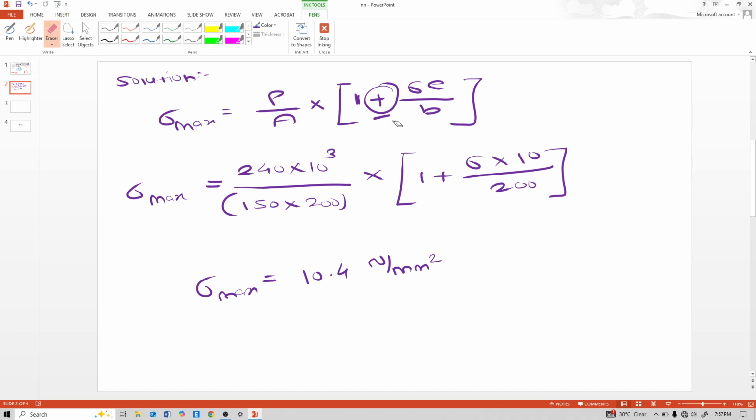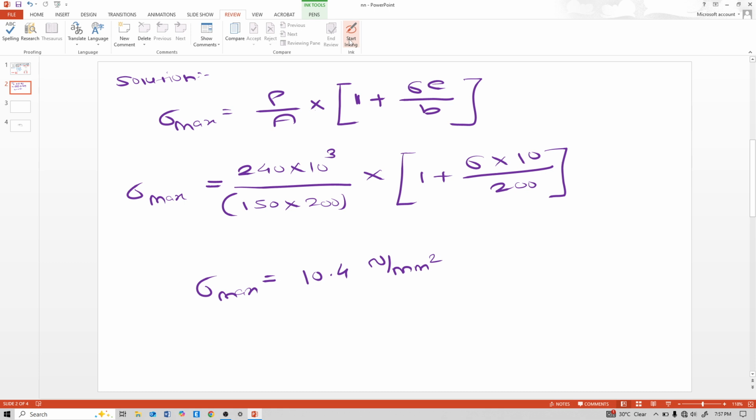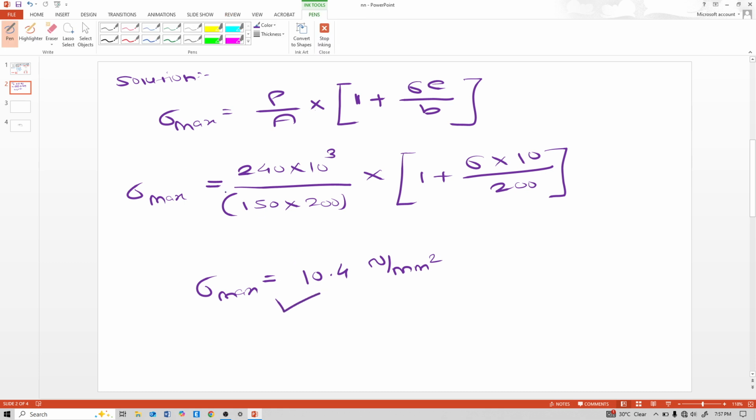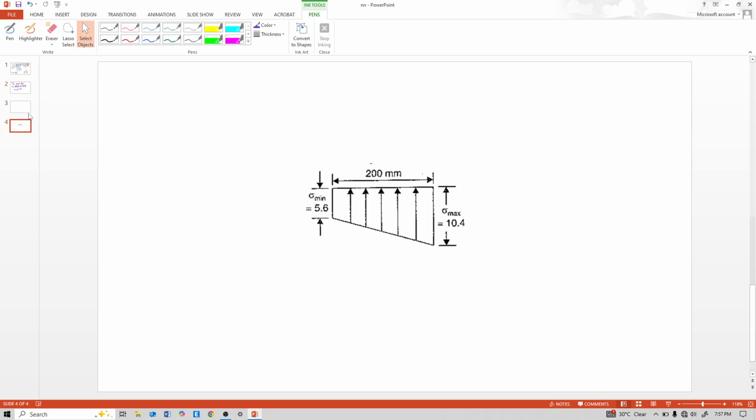So sigma maximum is equal to P by A into 1 plus 6e upon B, the maximum stress formula, and this maximum stress is the correct stress. See here, this is the solution of that problem, and on that side the maximum stress is 10.4 Newton per mm square.